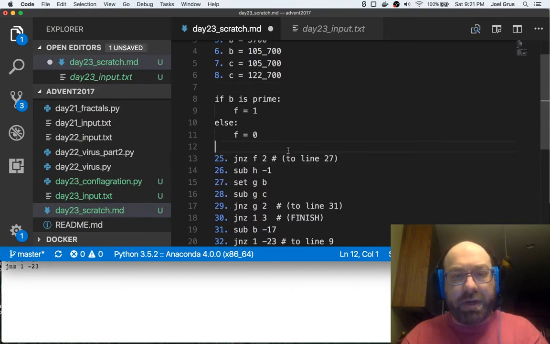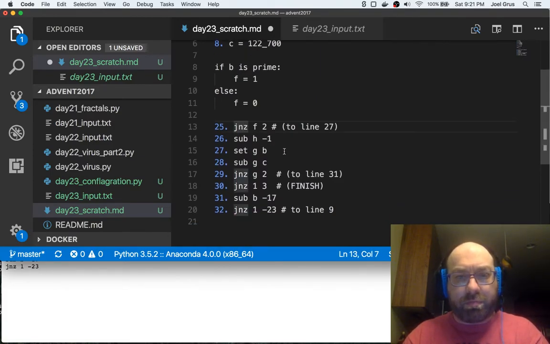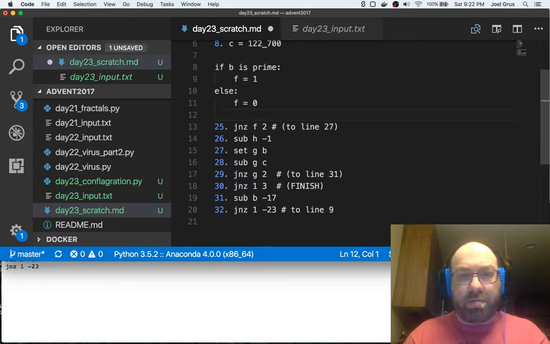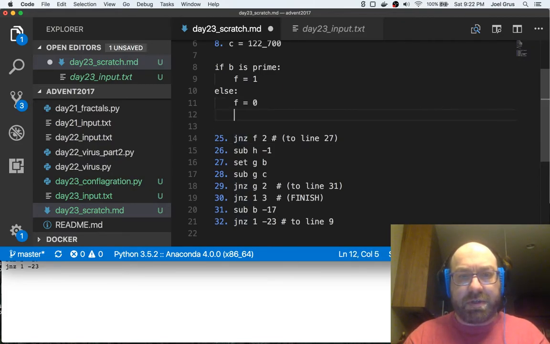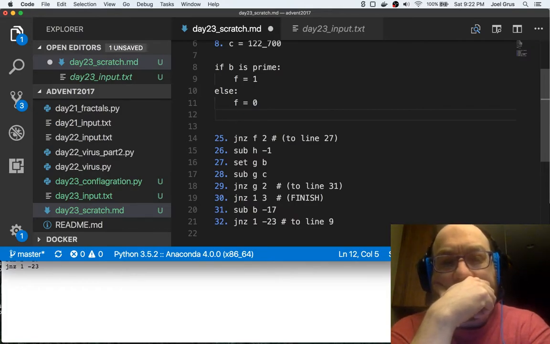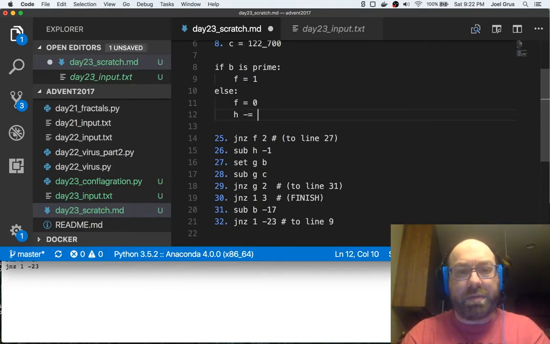Okay, so now if F is 0, then we skip that, right? So let's just stick this all in. So if F is 0, and we want to say H minus equals 1, so that's fine.